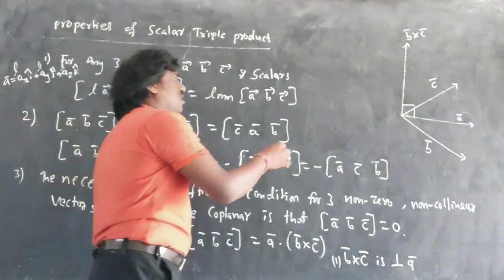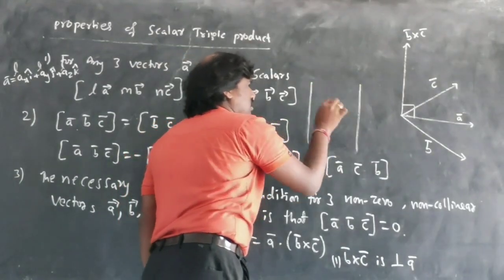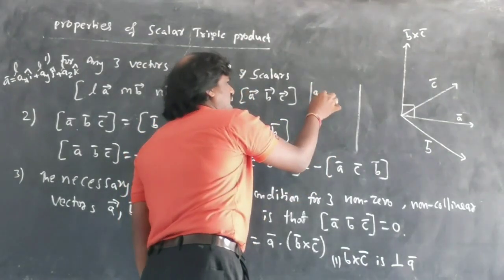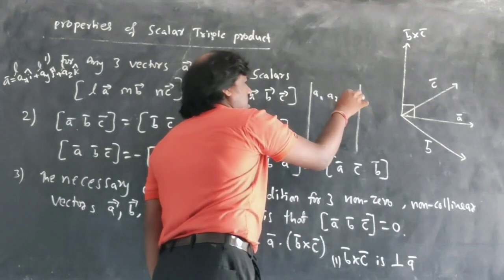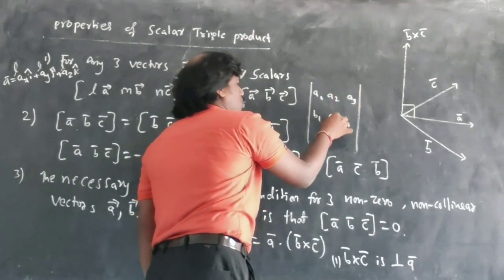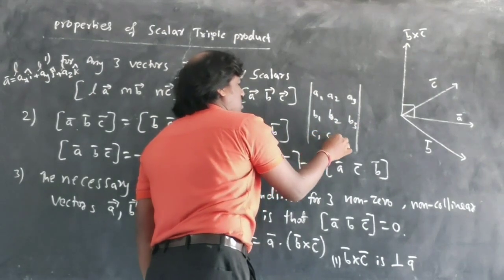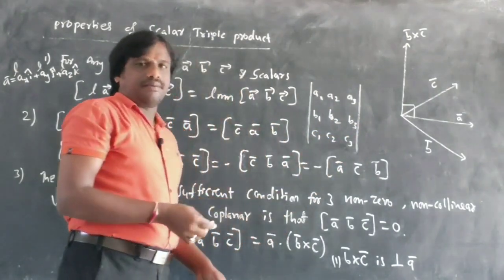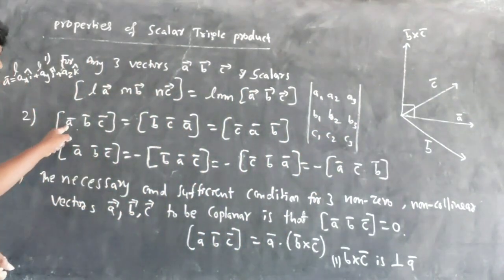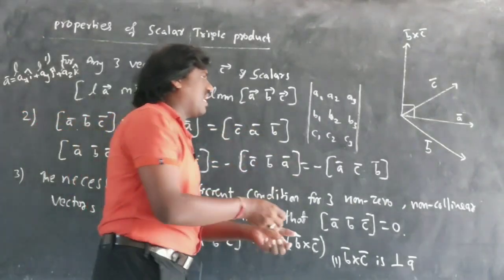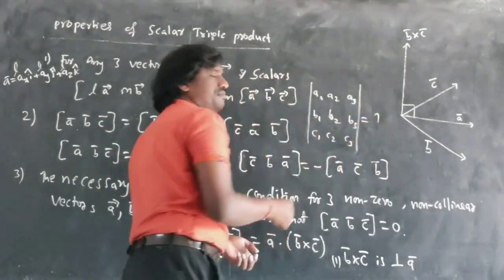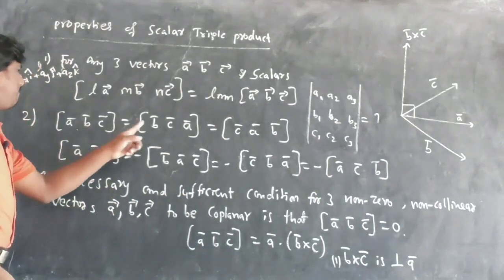You know that when the vector modulus determinant is there, suppose you take A1, A2, A3 for A, B1, B2, B3 for B, and C1, C2, C3 for C. Now the determinant of this, box ABC, will be equal to BCA.